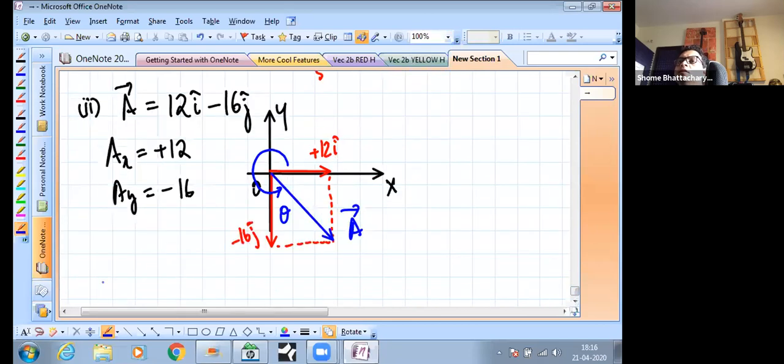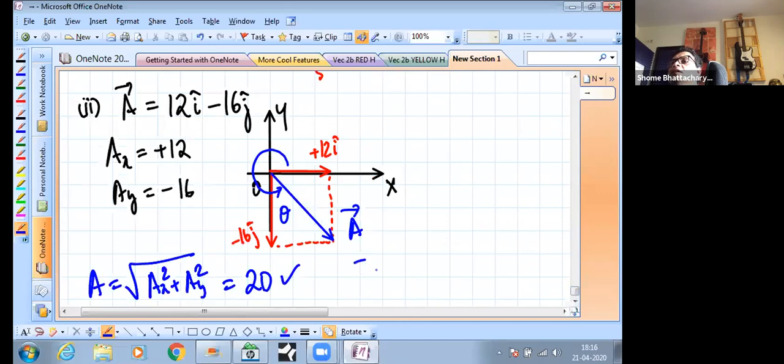So you can see that magnitude of A will come out to be 20. Okay. Tan theta will come out to be Ey by Ax, which is in this case minus 4 by 3. But in which quadrant?